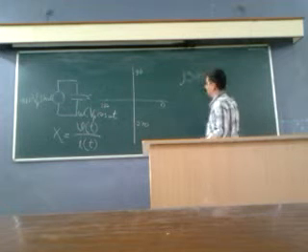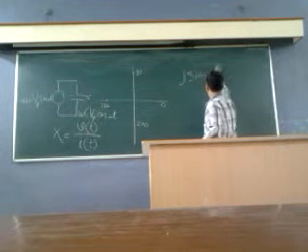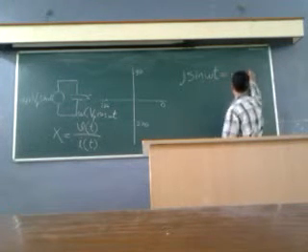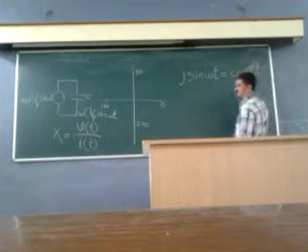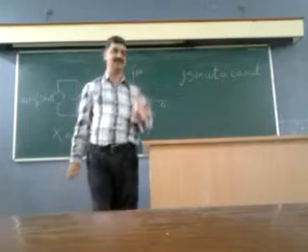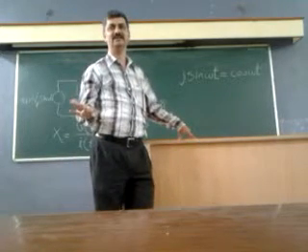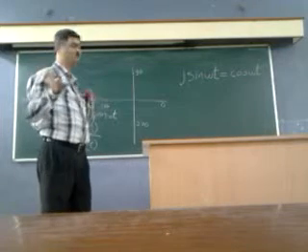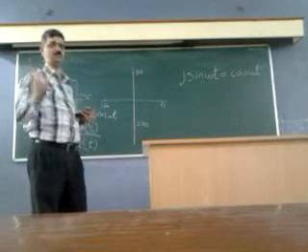And don't explain it to anybody who is not knowing you. J sin omega t is equal to cos omega t. Once you do this, most of the problems will be solved.